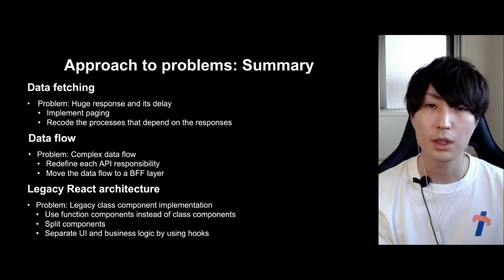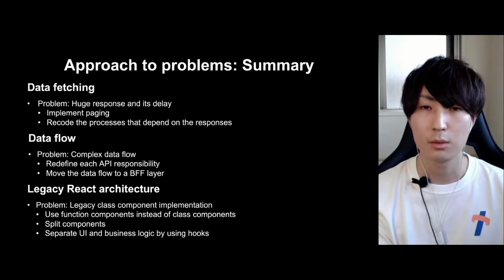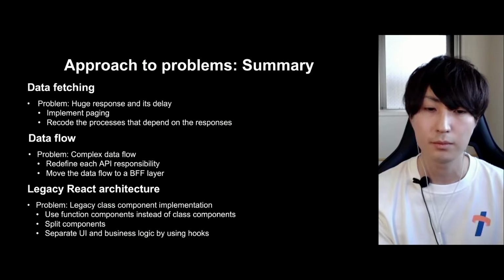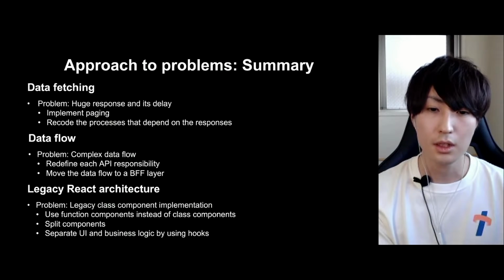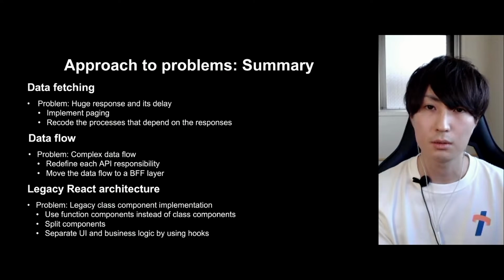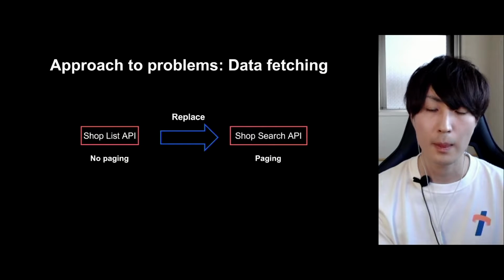The unorganized data flow of the apps has been simplified by organizing the API and simplifying the data flow on the client side through BFF. And for the last item, legacy component implementation, we migrated to function components and changed the structure to one that can use hooks. Then let me discuss each approach now.